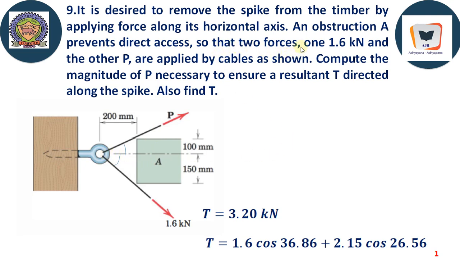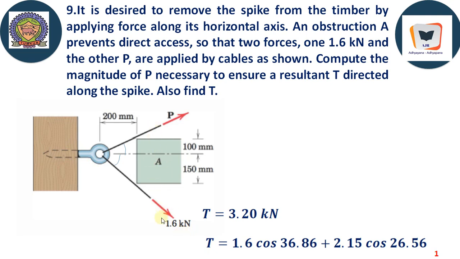Therefore, two cables are tied and forces are applied. That two forces, one 1.6 kilonewton and the other P. This one is P along one cable, and this is the other cable along this particular line, which is applied force is 1.6 kilonewton.